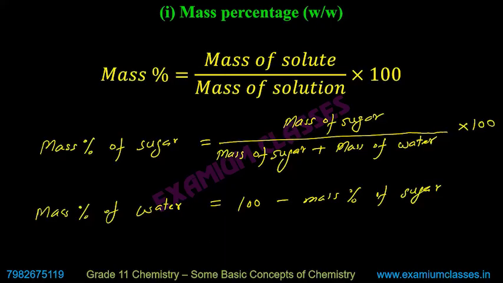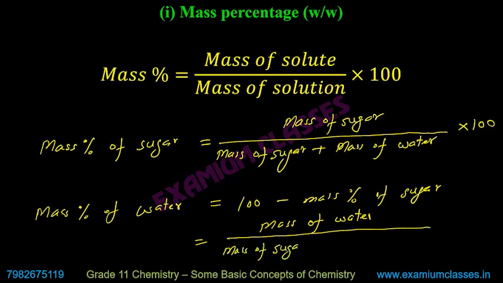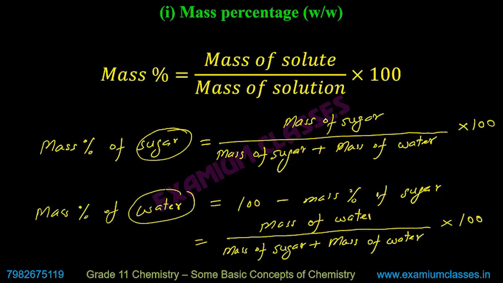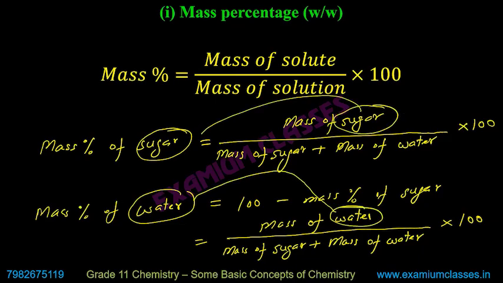Otherwise, it will be mass of water at the top in the numerator, divided by total mass, mass of sugar plus mass of water, into 100. So whatever you are asked the mass percentage of will be in the numerator. The sum of all percentages will always be 100%.